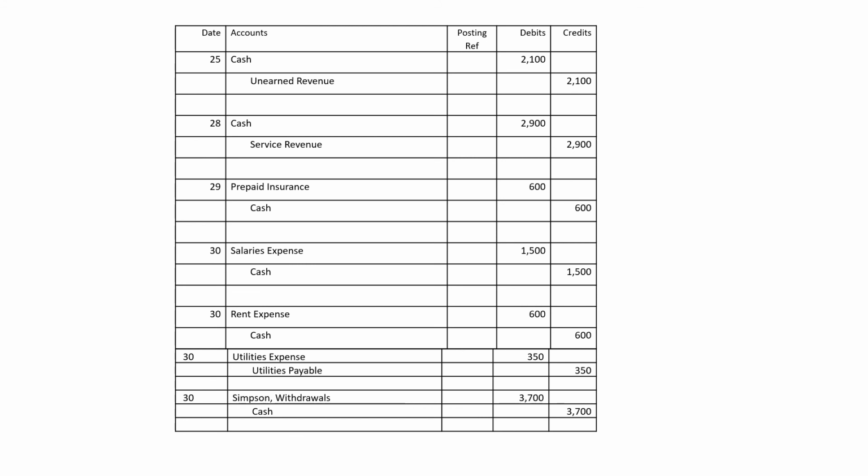The 29th, paid $600 cash for a 12-month insurance policy that starts in October. So on the 29th, we're paying for an expense that we don't start receiving the service related to until next month. When it comes to expenses, normally we receive the service, then get the bill.